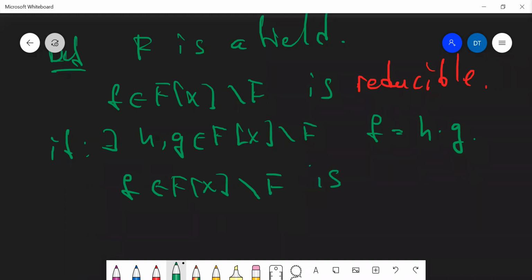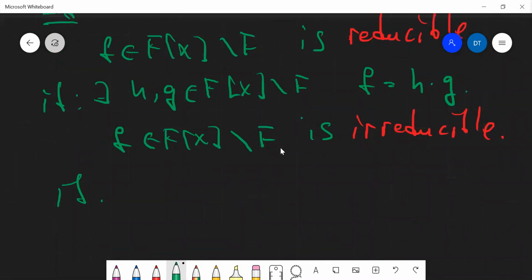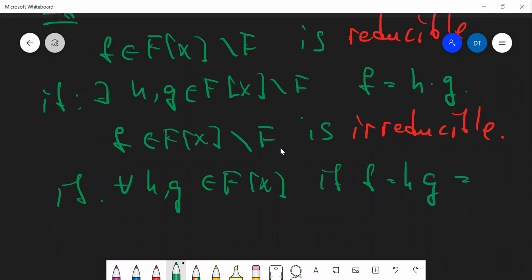So we say that this polynomial is irreducible if for any polynomials h and g, if f is equal to h times g, then either h is constant or g is constant, h is in F or g is in F. So you cannot represent it as a product of two non-constant polynomials.